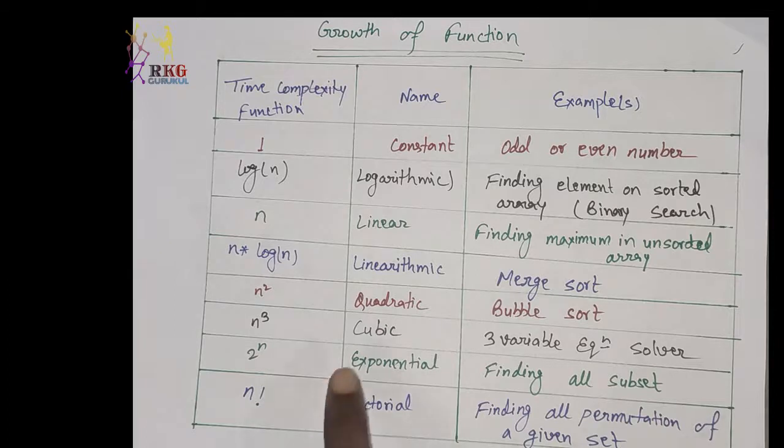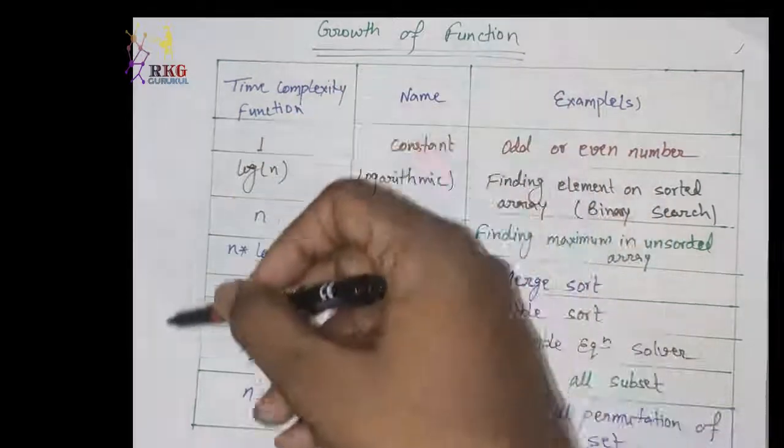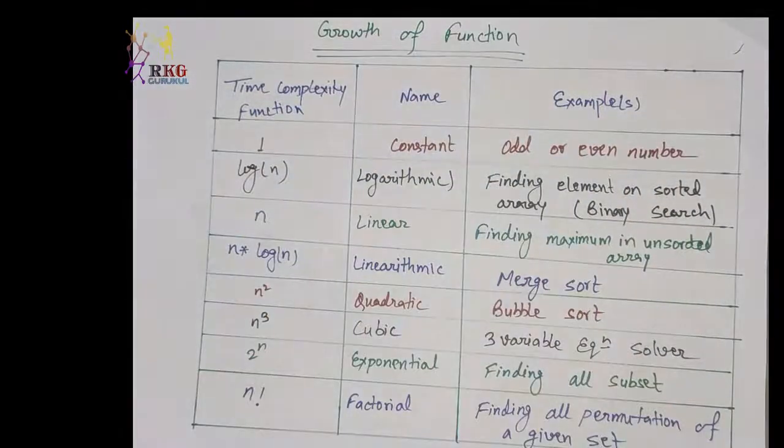Cubic time function: finding the solution of a 3 variable equation, or matrix multiplication, 2-dimensional matrix multiplication, this type of problem will take n cube time complexity. 2 to the power n is called exponential time complexity function, and n factorial is called factorial time complexity function. So these are well known and basic time complexity functions we can get from different algorithms.